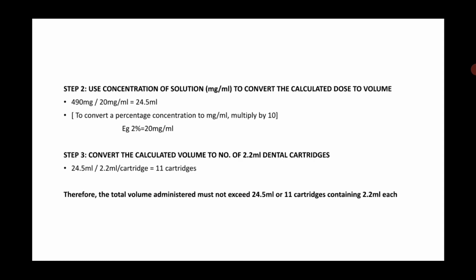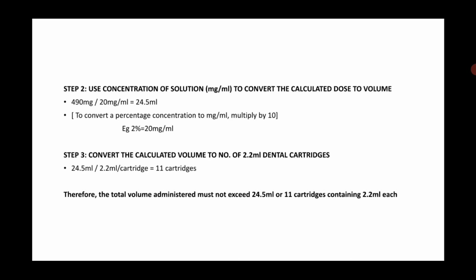So that will be 11 cartridges. Therefore, the total volume that is to be administered to a 70 kg person should not exceed 24.5 milliliters or 11 cartridges.